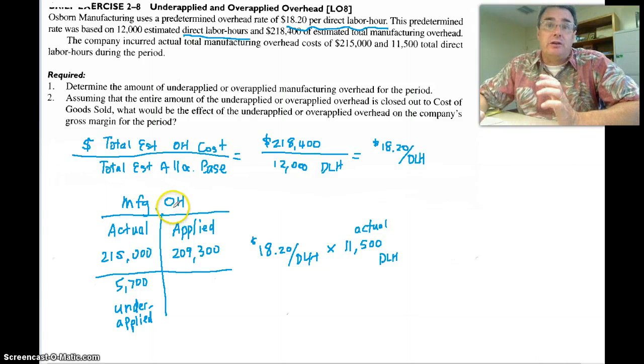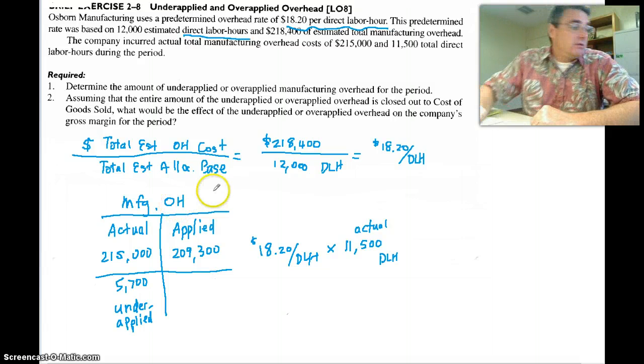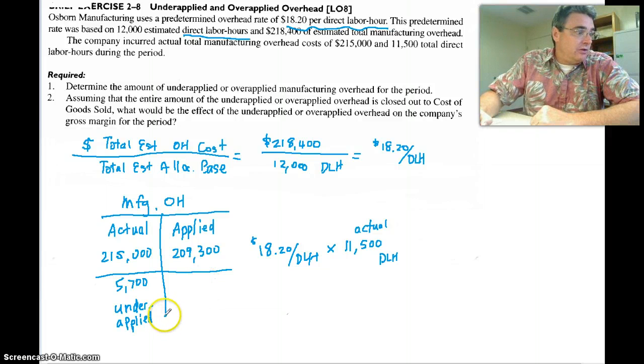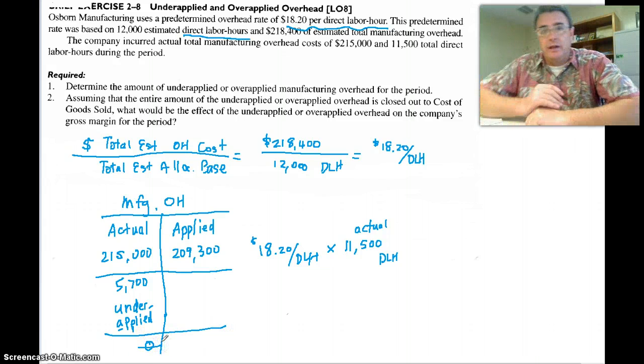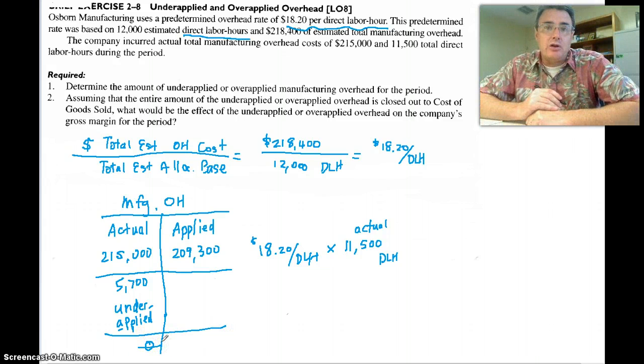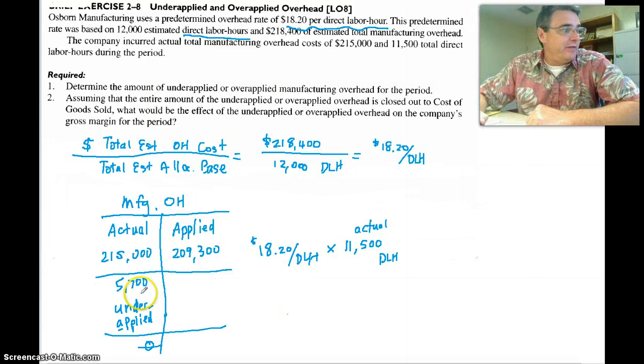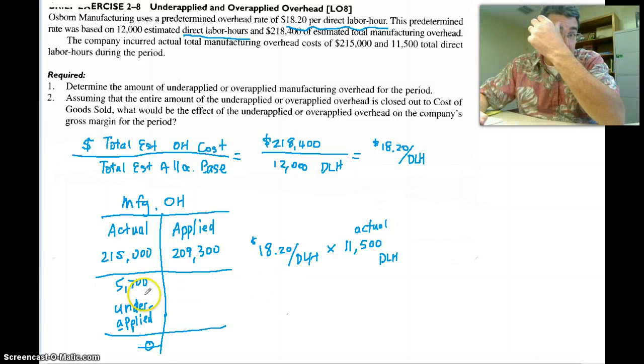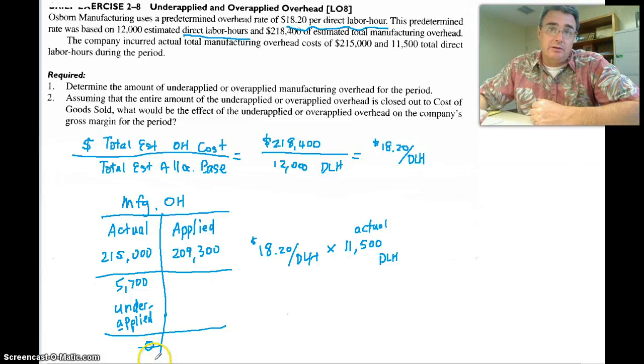We have to close it before we can prepare any financial statements. How do you close it? Closing it means you make it a zero balance. When we're all done, we want to have a zero balance in this account. So how do you go from a $5,700 debit balance to a zero balance? You need to credit the account for $5,700. Then you have a zero balance.